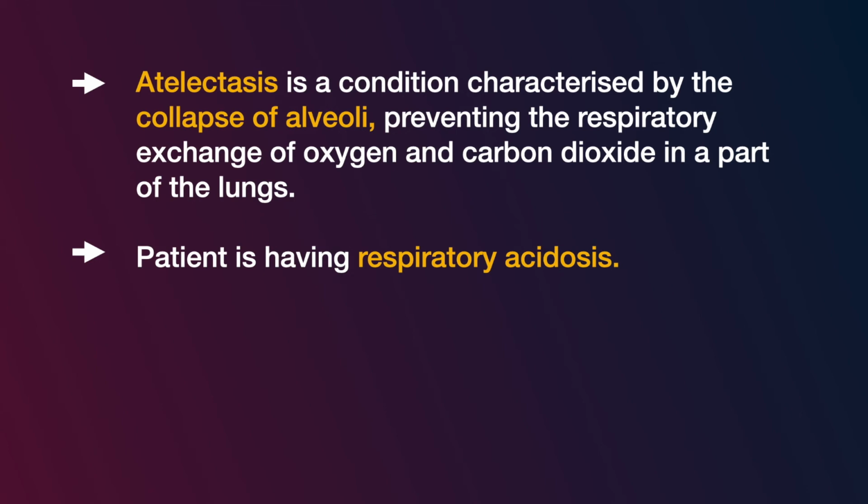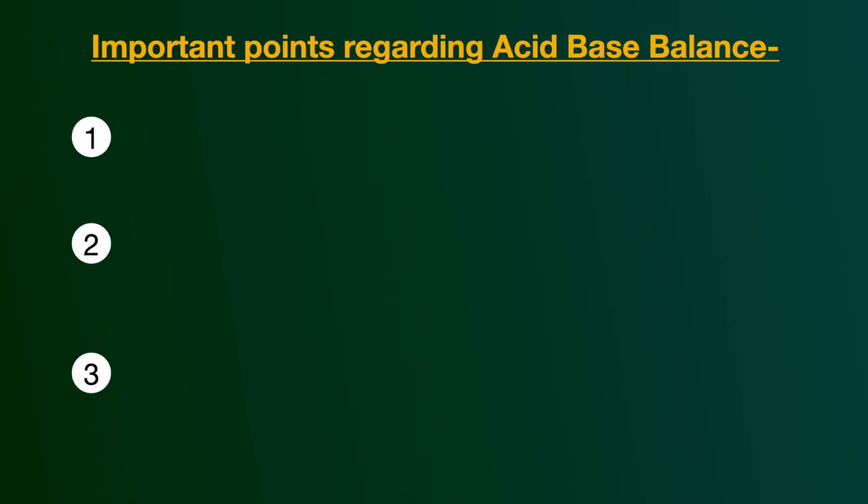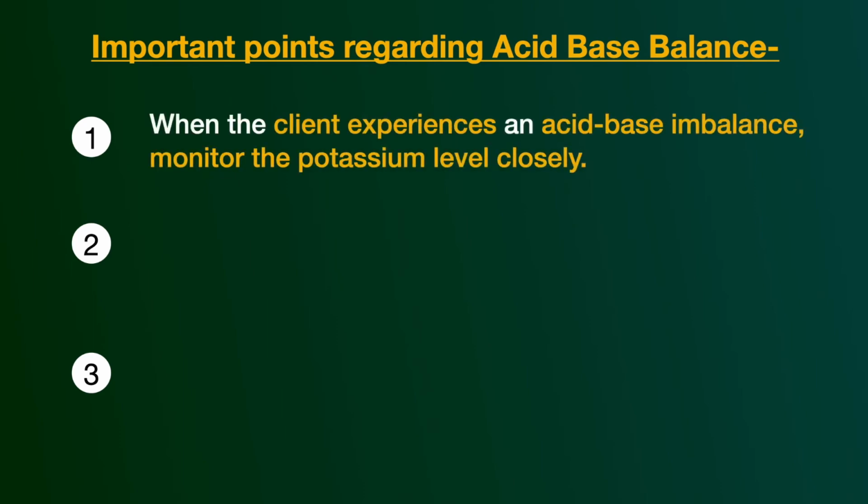So now we will discuss important points related to acid-base balance. When the client experiences an acid-base imbalance, monitor the potassium level closely because potassium moves in or out of the cells in an attempt to maintain acid-base balance. So it can cause complications of hypokalemia and hyperkalemia. Point number 2.